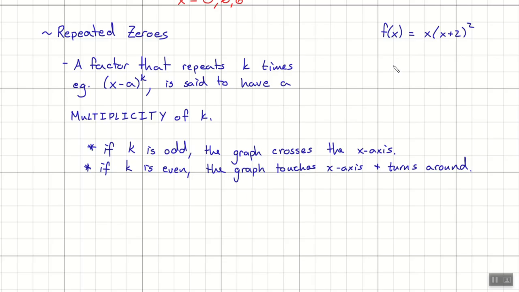If I wanted to know where it is positive or negative, which is a pretty common thing we might ask, I know that it can only ever change sign at the x-axis, right? That's the only place it could ever change. We could then take these roots and plug in on the x-axis. There's a -2 and a 0. And then check this out. Hypothetically, if I were to plug in a 1, I know it's positive. I just plug that in, 1 times 3 is positive. Everybody okay with that idea?